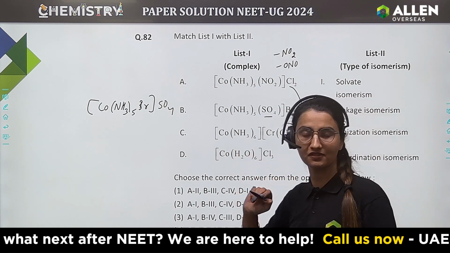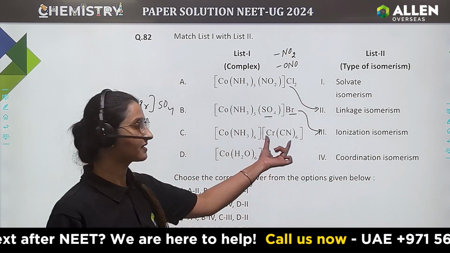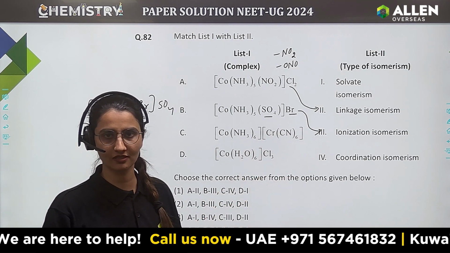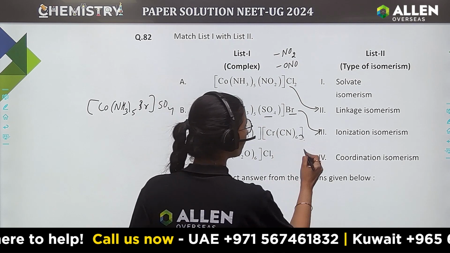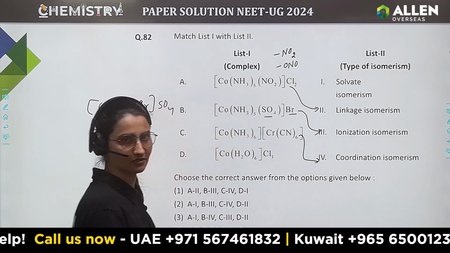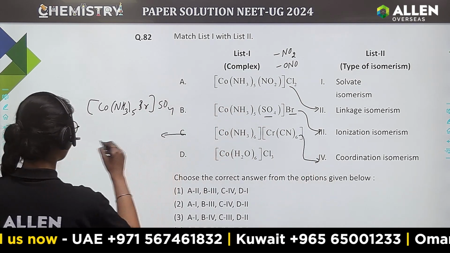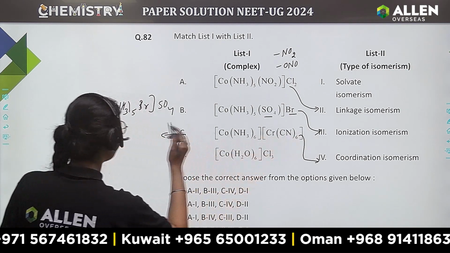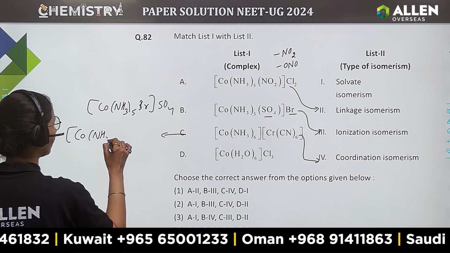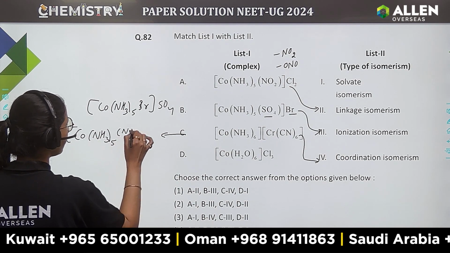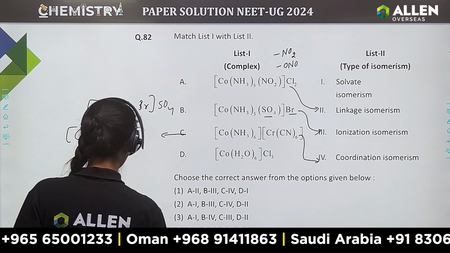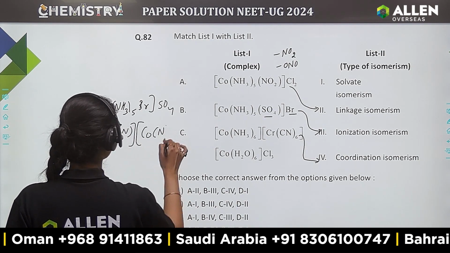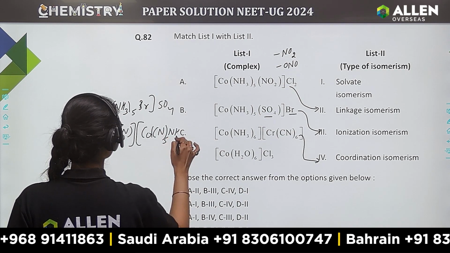Whenever, students, we have a complex cation and complex anion, there can be exchange of ligands. We can make different isomers. So what will it give? It will give your coordination isomers. If I illustrate one example, see, we can make this isomer also, no? NH3 from this sphere can move there. I can write as [Co(NH3)5CN] and [Co CN5 NH3].